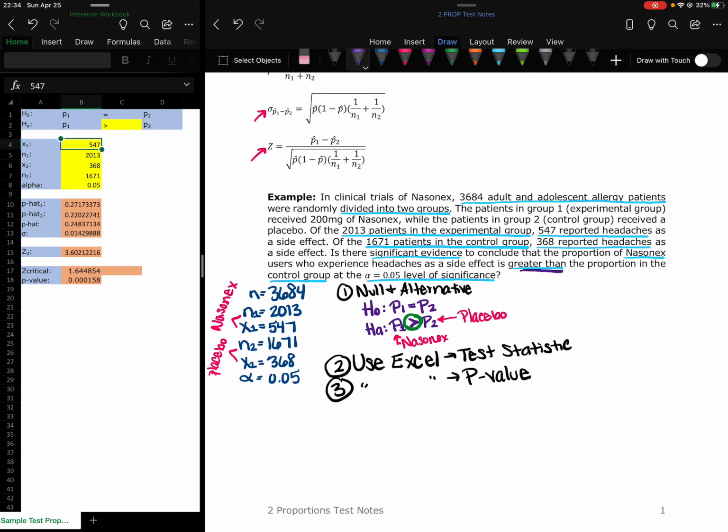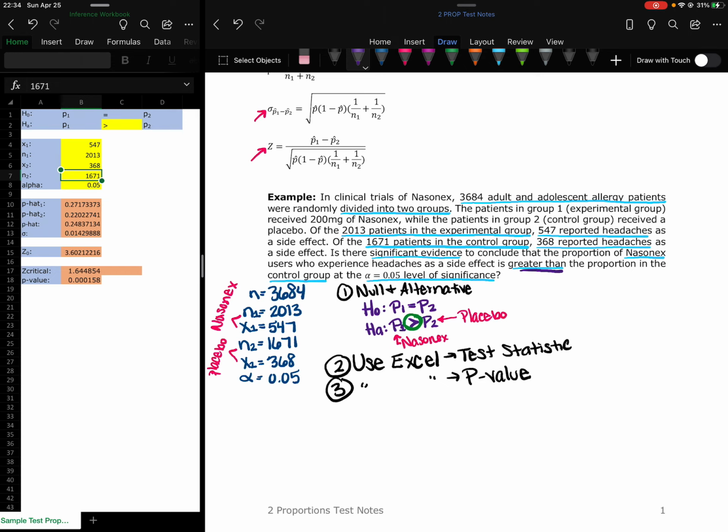X1 was the number of people getting headaches on the Nasonex medication. That was 547. N1, the number of patients getting Nasonex in the experimental group, that was 2013. X2, the number of people on the placebo reporting headaches, 368.